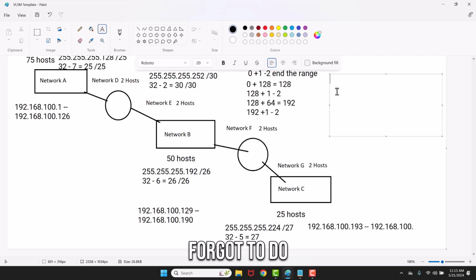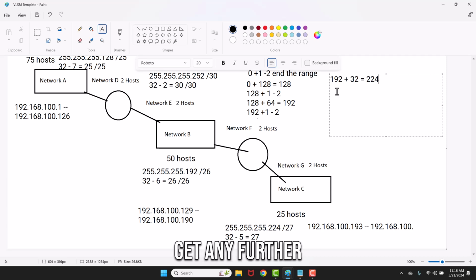But what I forgot to do was add 32 to it, because that is the increment for network C. So 192 plus 32, which is my increment for network C, gives me a value of 224 as the network ID for the next network, or network D.